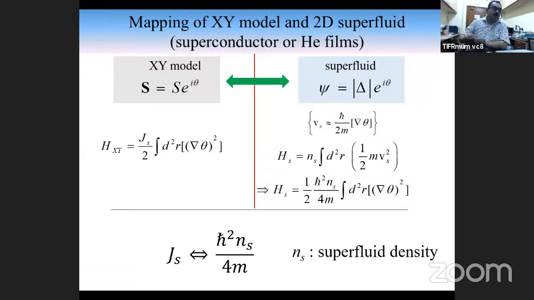In the XY model, what we have is a spin system, and this is my Hamiltonian, where I have shown you that you will get a phase transition where your magnetization will abruptly drop to zero.